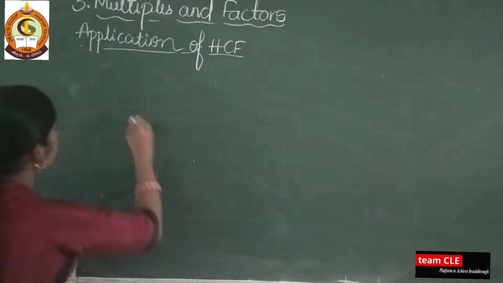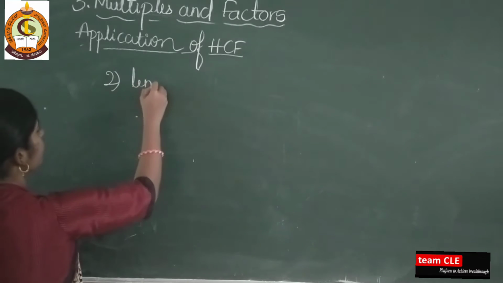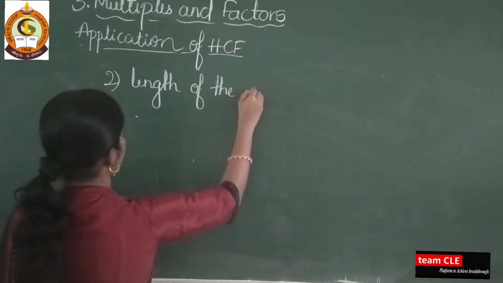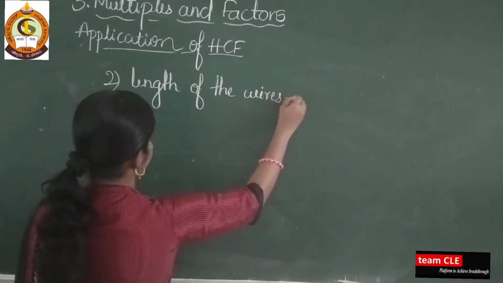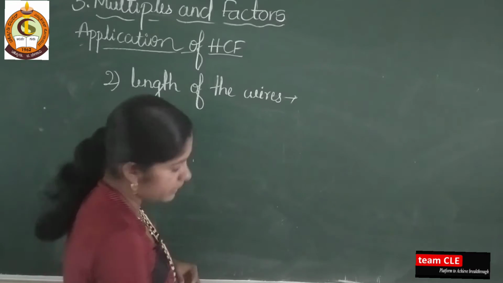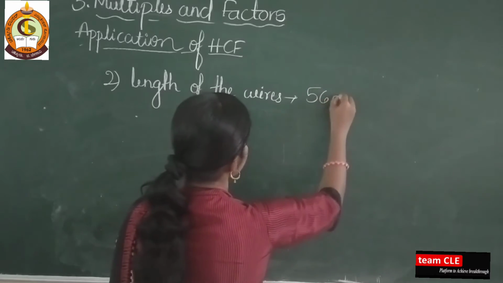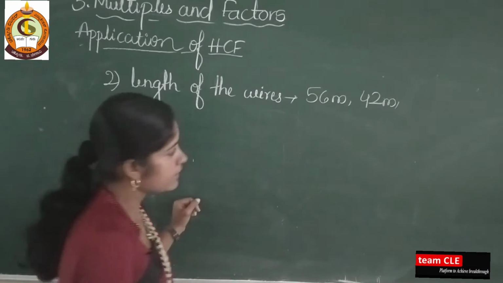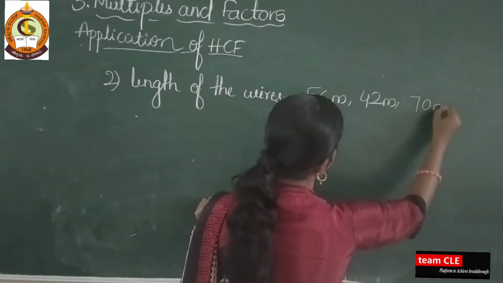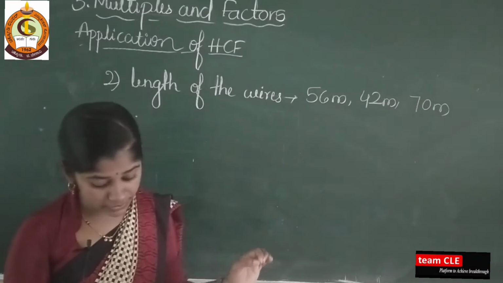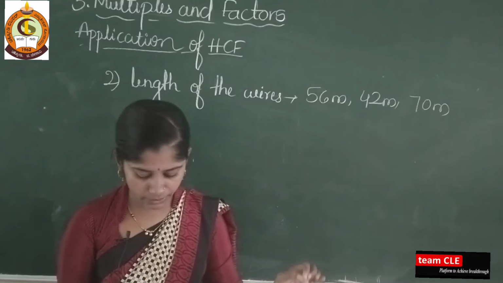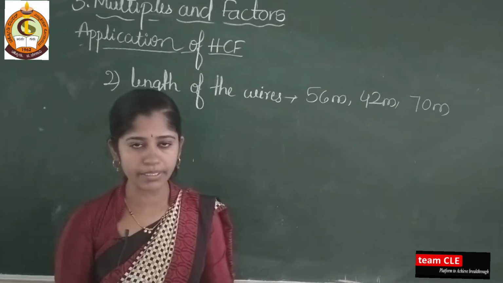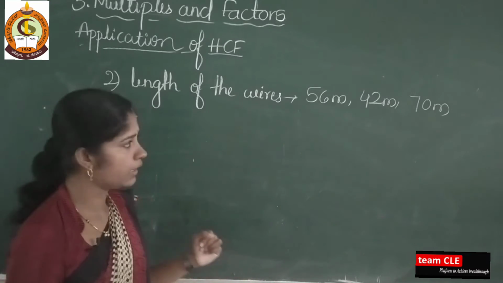So write here, the length of the wires: 56 meter, 42 meter, and 70 meter. What is the question here? Find the greatest possible length of the wire which can be used to measure exactly 56 meter, 42 meter, 70 meter. Here you have to find the HCF of the numbers.